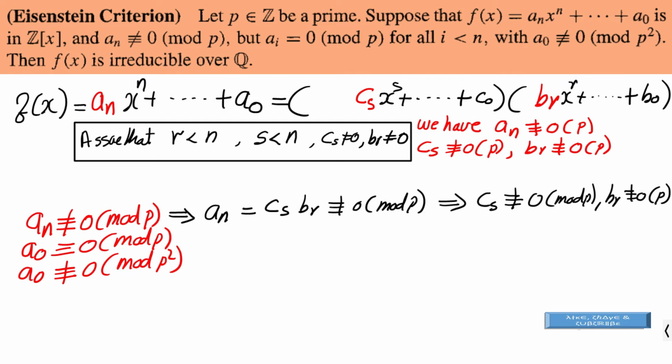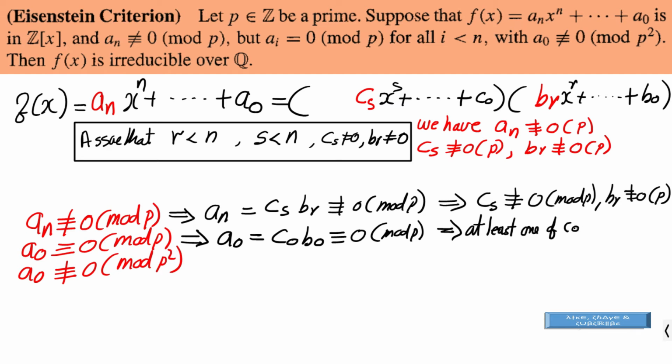Now if I start from the second condition, that a_0, which is equal to c_0 times b_0, is congruent to 0 mod p, then we can say that at least one of c_0 or b_0 is congruent to 0 mod p.